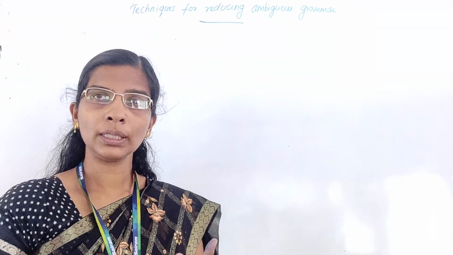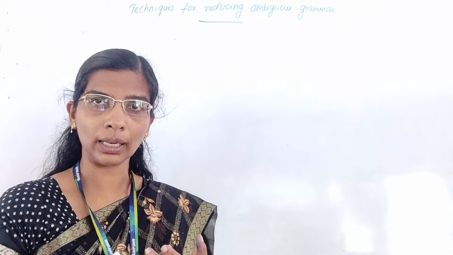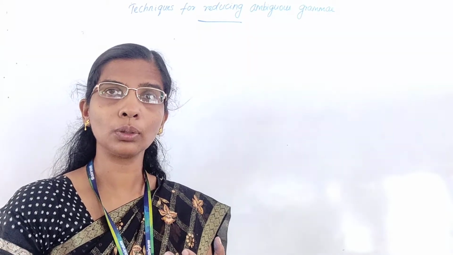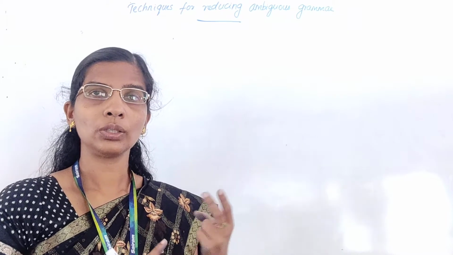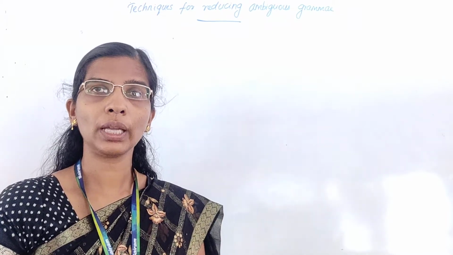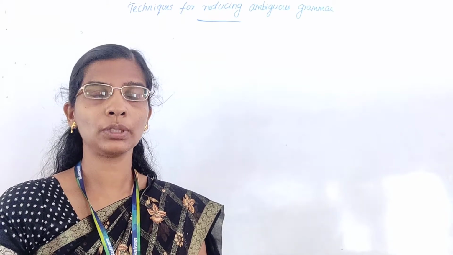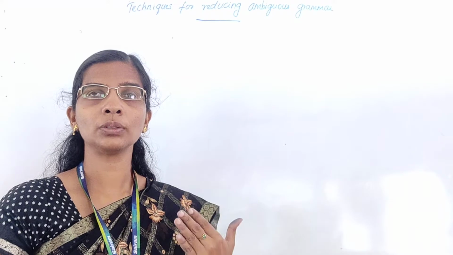And while eliminating the epsilon production, if your start symbol is a nullable variable, you can include at most one epsilon. That is your step 2. And the third step is you have to eliminate recursive symmetric rule. I'll explain what a recursive symmetric rule is while doing the sum. So we'll go to our first sum.